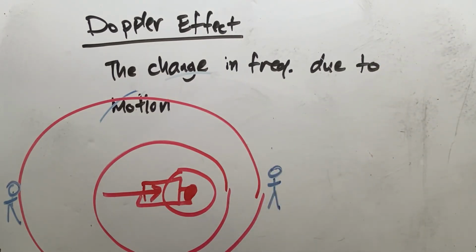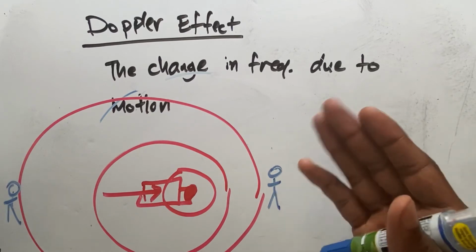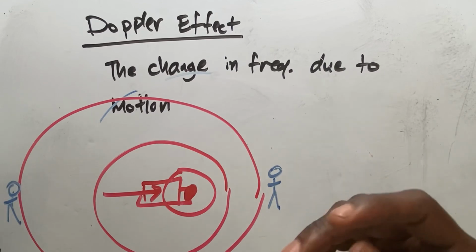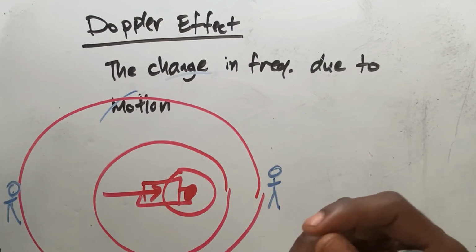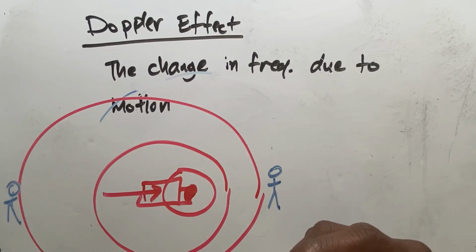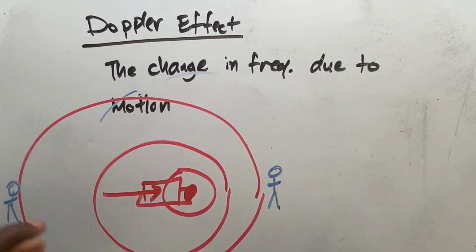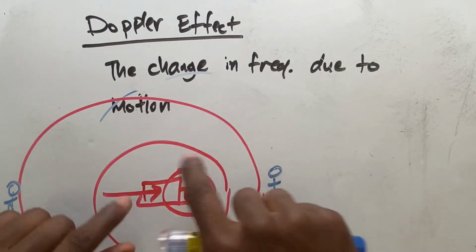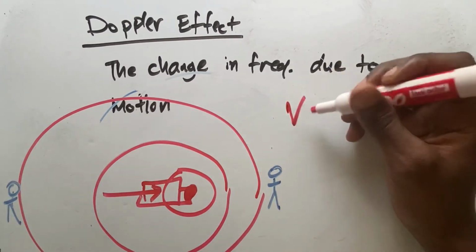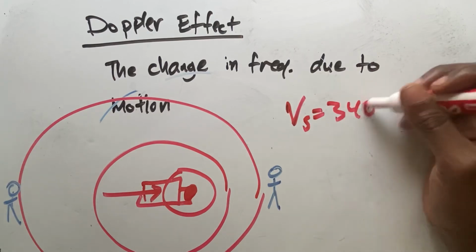So, question number 48, just to check your knowledge, says: when a fire engine approaches you, A, the speed of sound increases, B, the frequency of sound increases, C, the wavelength increases. Okay, so that's a good distinction to make. The speed of sound is still 340.